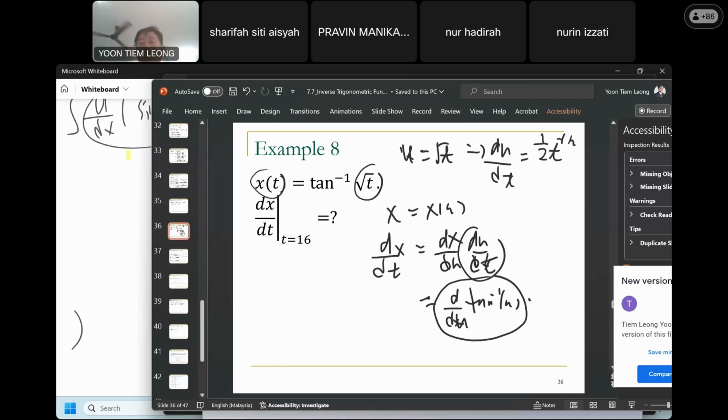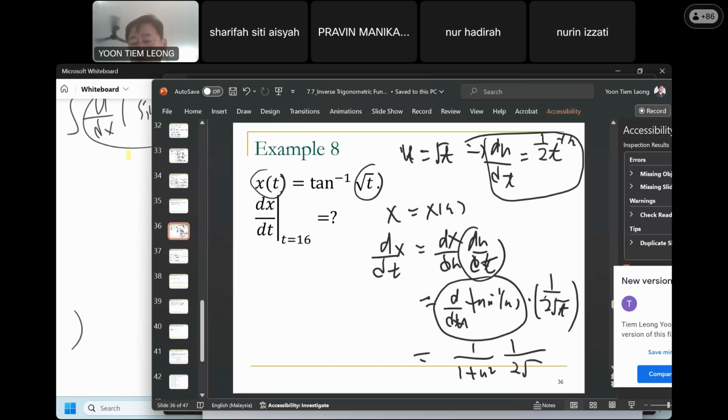Yeah. So anyway, I think I might be doing this correctly, hopefully. So this will be just 1 over 2 times square root of t. So d/du of arctangent of u is just 1 over 1 plus u squared.